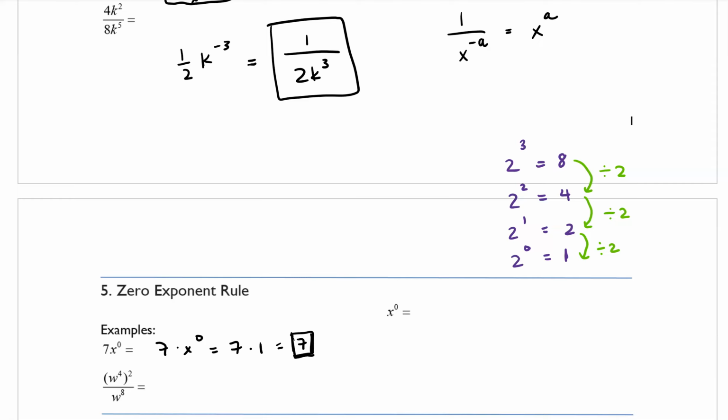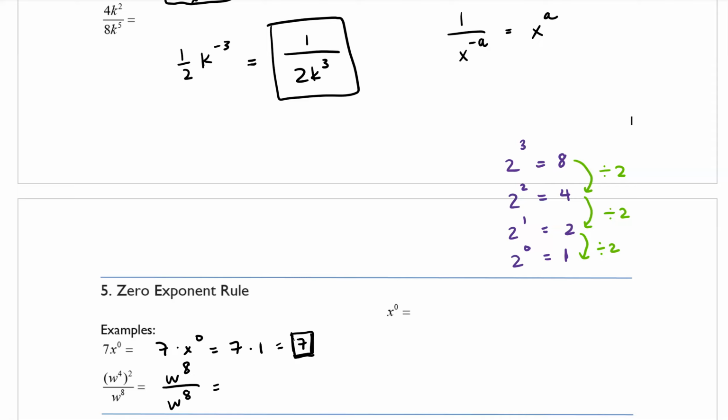Okay, so here we're going to have to use the power rule first for w to the 4th power squared divided by w to the 8th power. So to simplify the numerator, we would multiply 4 and 2 to give us w to the 8th power divided by w to the 8th power. And then we would subtract the exponents by using the quotient rule.